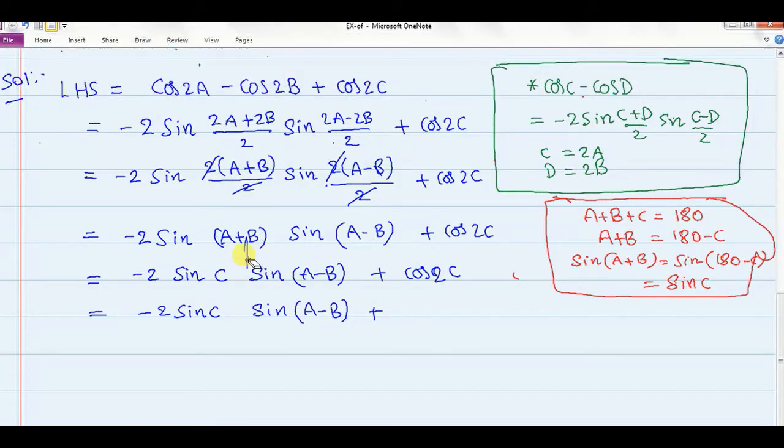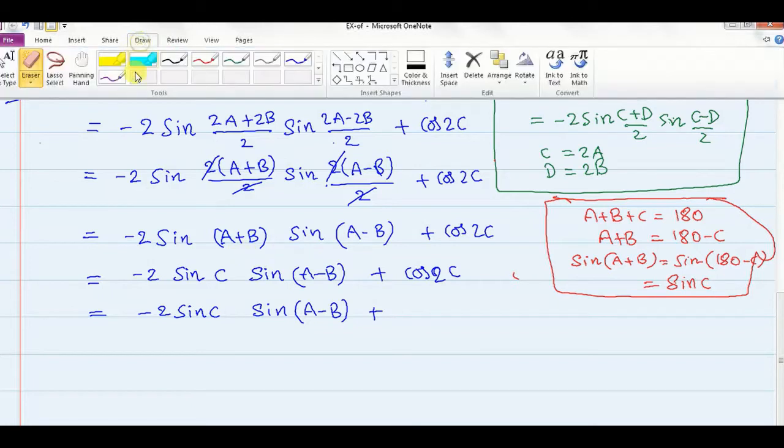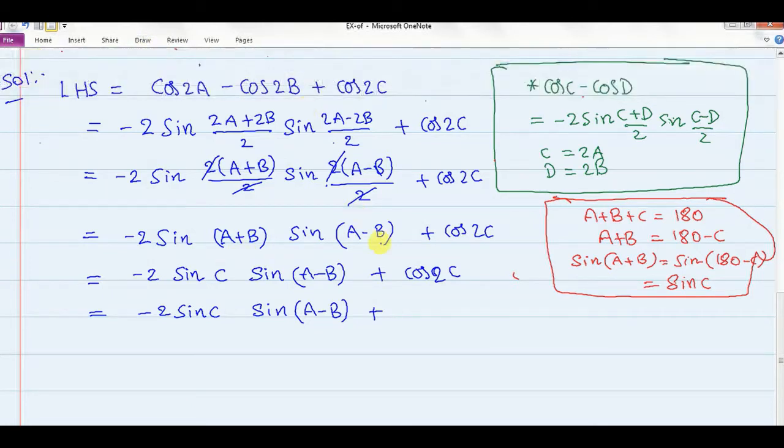Now in a triangle, a plus b plus c is equal to 180, so a plus b equals 180 minus c. Apply sin on both of the sides. Sin of (a plus b) equals sin of (180 minus c). 180 minus theta belongs to the second quadrant. In the second quadrant, the trigonometric function sin is positive, because in the second quadrant sine and cosecant are positive.